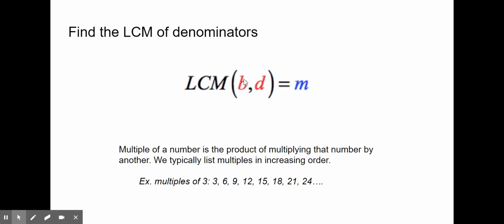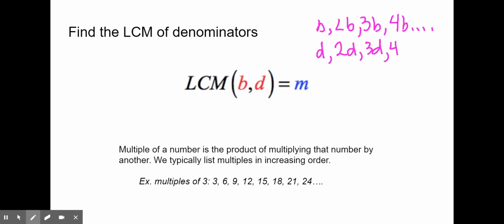For the least common multiple of B and D, it would be B, 2B, 3B, 4B. We just keep multiplying by B, and D, 2D, 3D, 4D, and we just keep going until two of those numbers are the same.